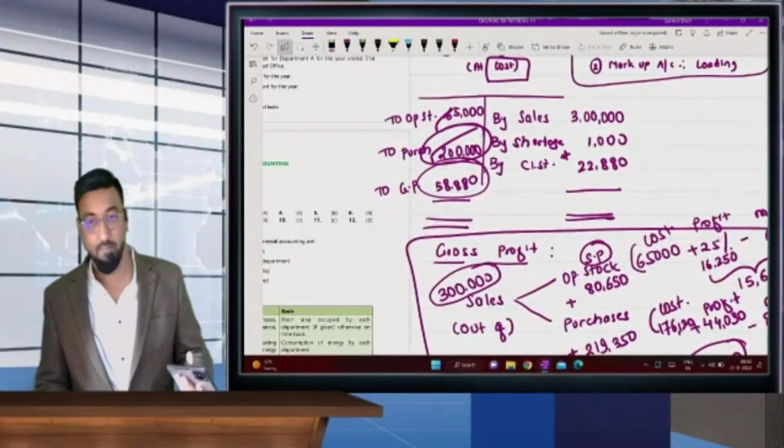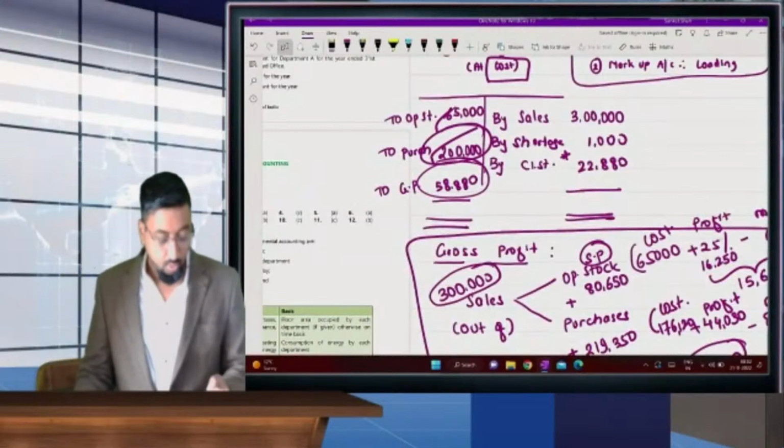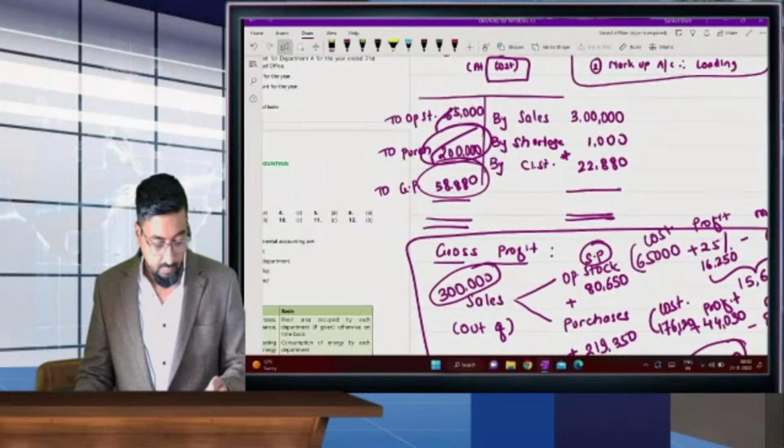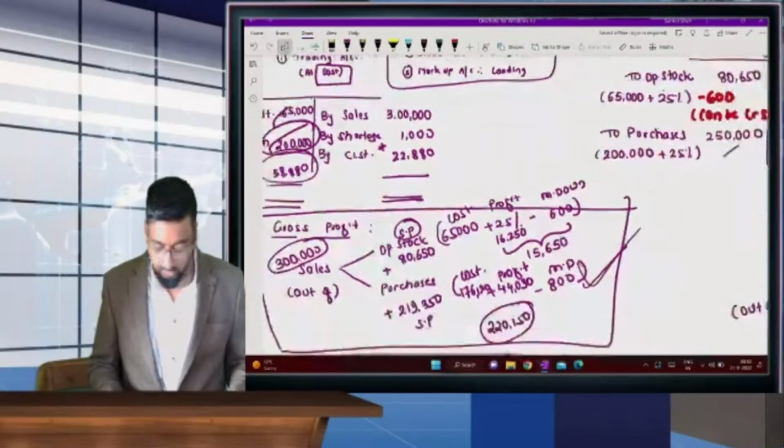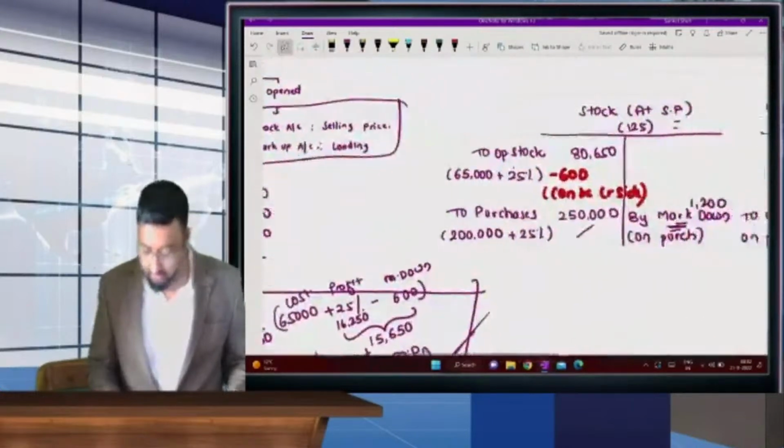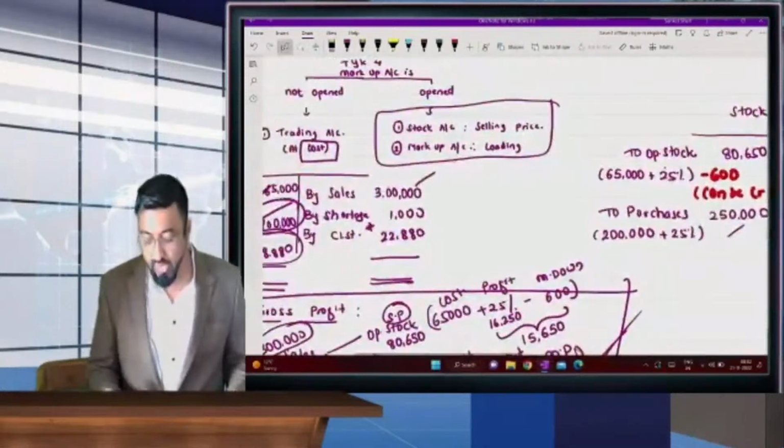It's very simple. Now sales. Okay. Sales, how much is the sales? 3 lakhs. Okay. So sales directly. Don't calculate loading on this.